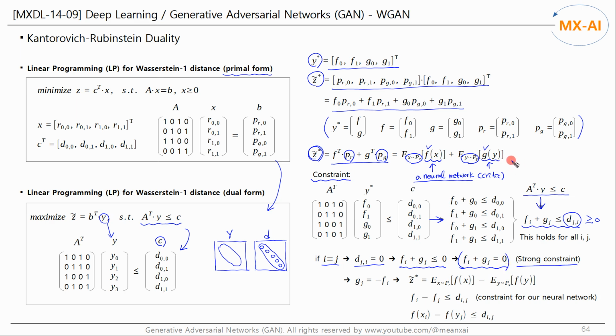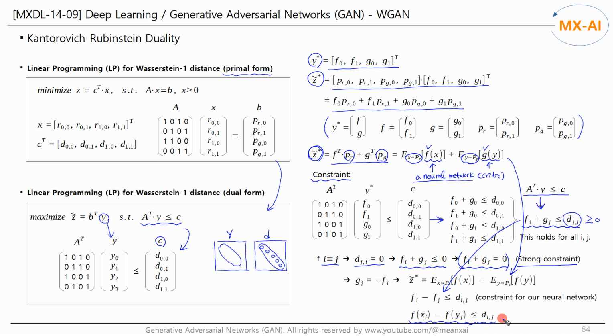Then the above z star can be written as follows. And the above inequality can be written like this. This is the constraint we will apply to our neural network f. This means that the difference between the outputs f of xi and f of yj of the neural network should not be too large.